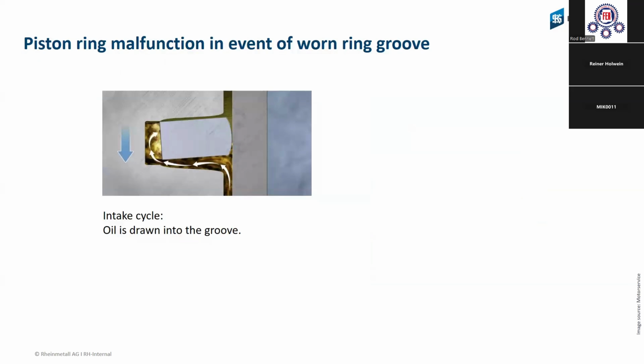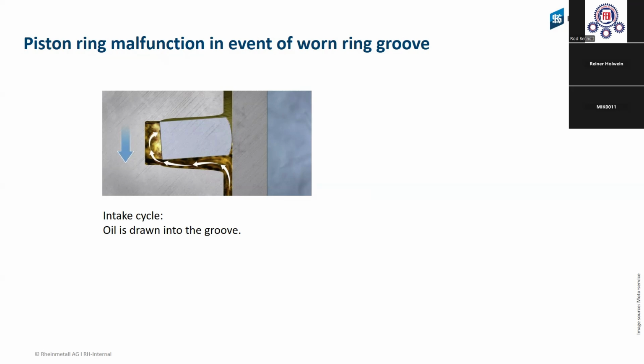Here you see, after a while, maybe after I don't know how many miles or kilometers, the ring will have wear inside the ring groove because the ring groove in the piston will have wear. And in this situation, the pressure can get inside or behind the piston rings, and the piston ring twists a little bit more.